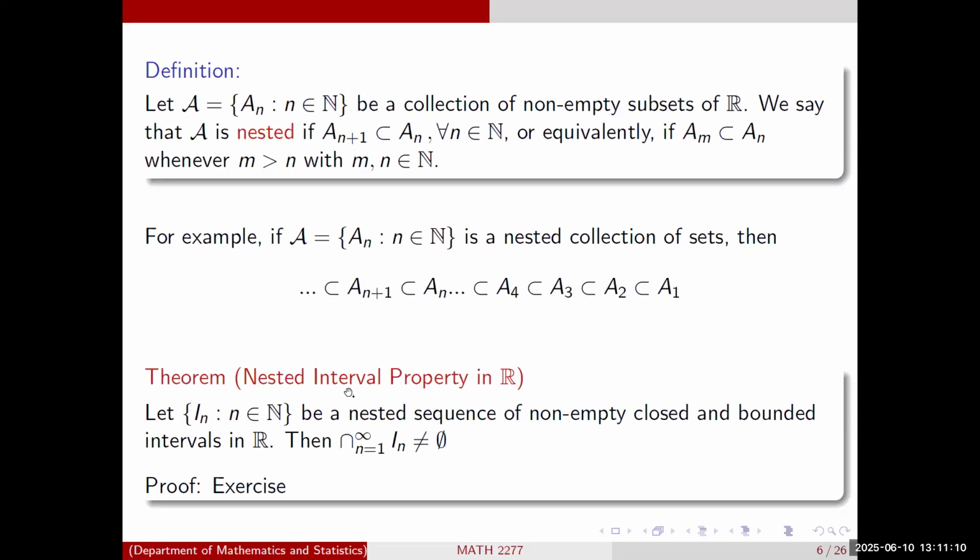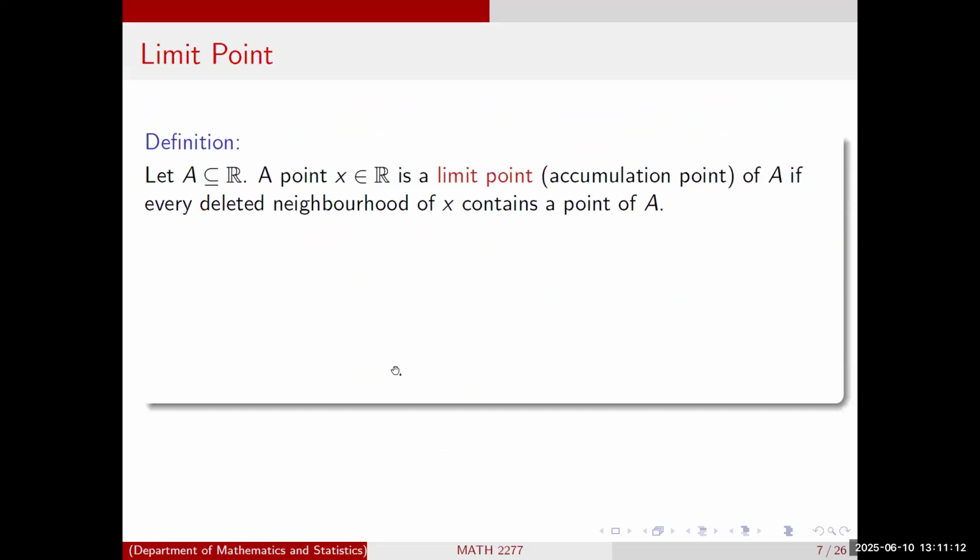Okay, so let's get into our property. Now we can get into the idea of what a limit point is. Eventually, when we take limits and write the limit as x approaches a, that point you are approaching cannot just be any point. That point, we will see later on, has to be what is known as a limit point.